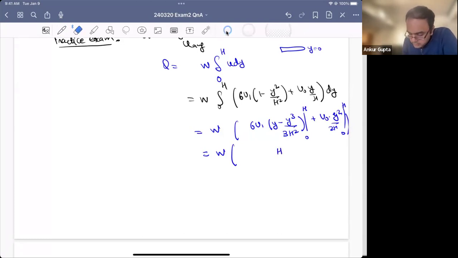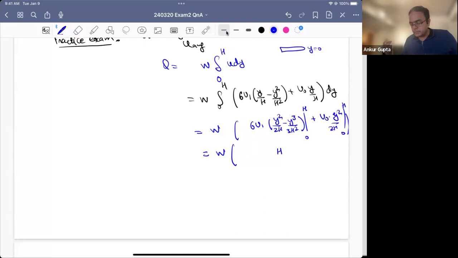Actually, apologies. I was thinking, why am I getting this wrong? The velocity profile was y by h minus y square by h square, so I think I just misremembered. So the integral will now be y square by 2h minus y cube by 3h square. Integration of y is y square by 2, integration of y square is y cube by 3.